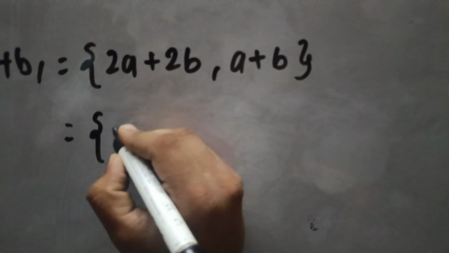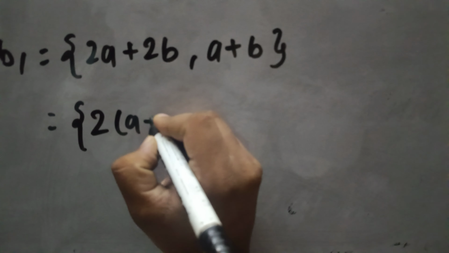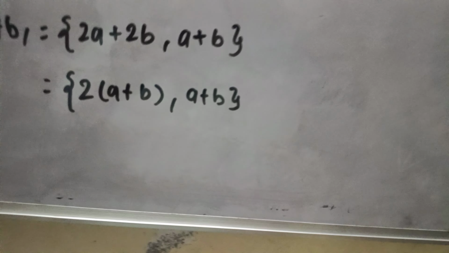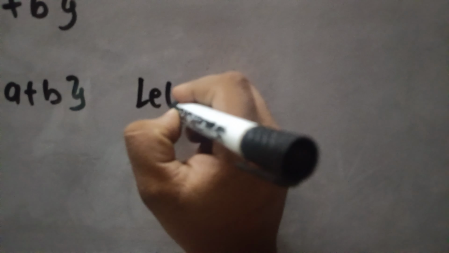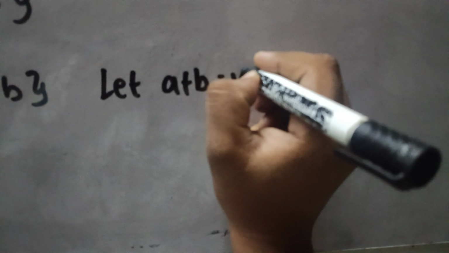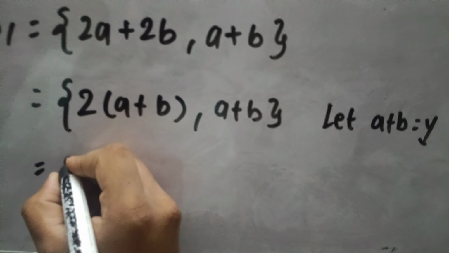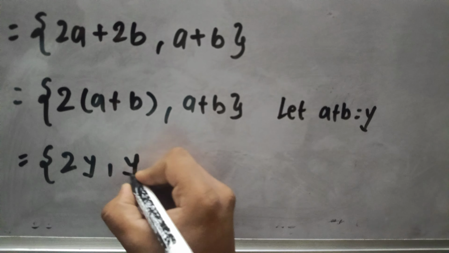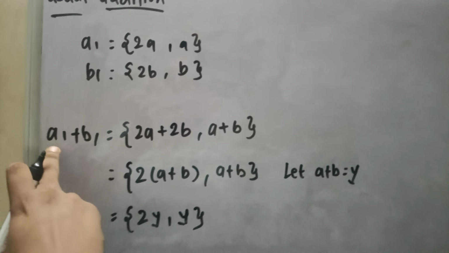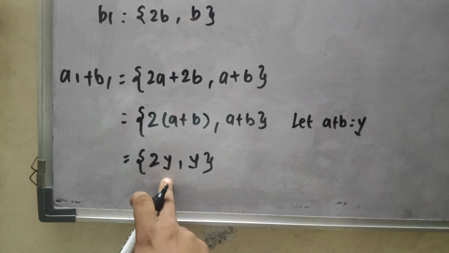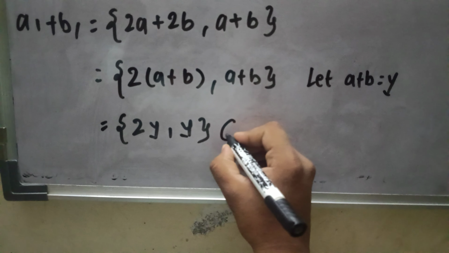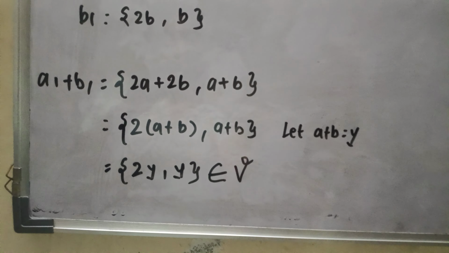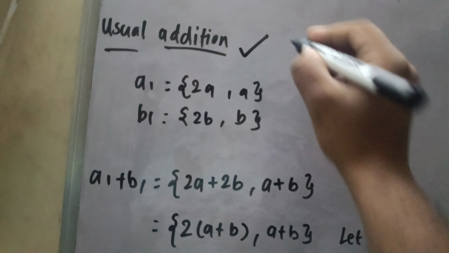Simplifying this, let's take 2 outside of the bracket, 2 times a plus b, and here a plus b as the same. Now let a plus b equal y. So upon doing so, what we will get is 2y and y. Now a1 plus b1 gives us 2y and y, which belongs to our condition. So hence the usual addition condition is satisfied.